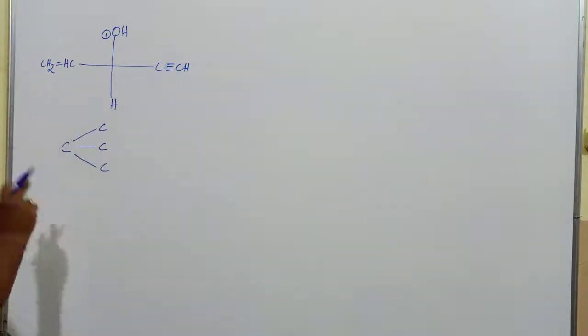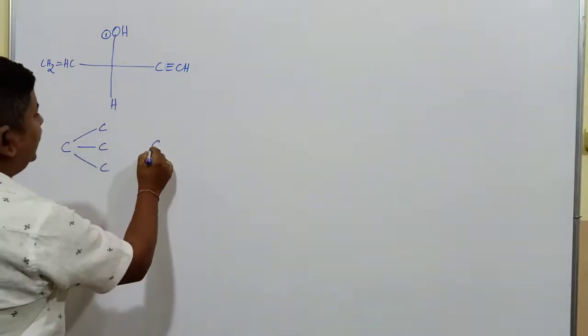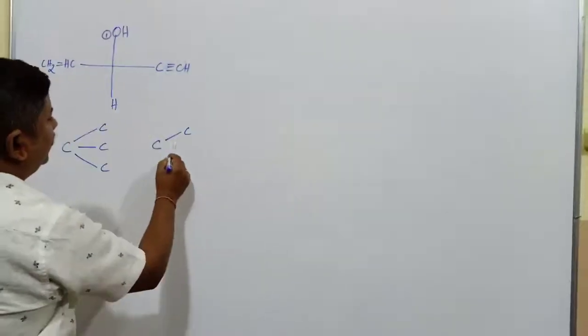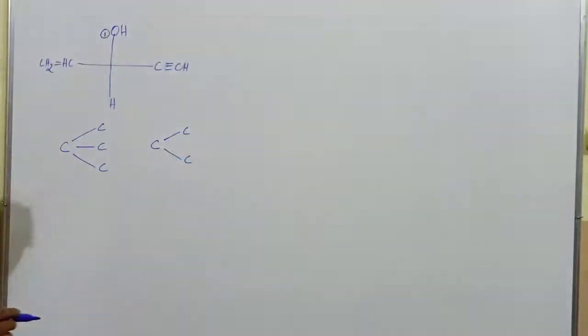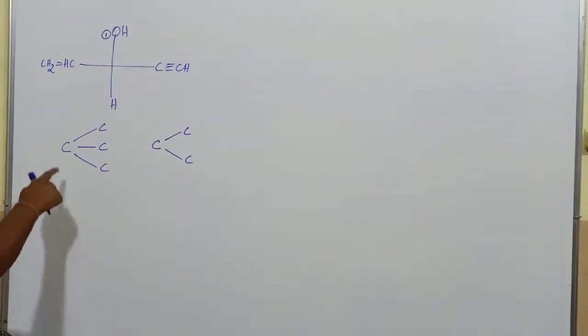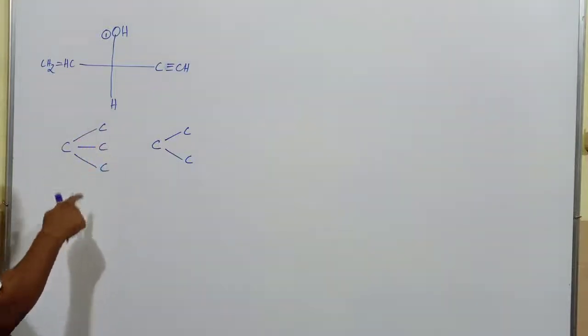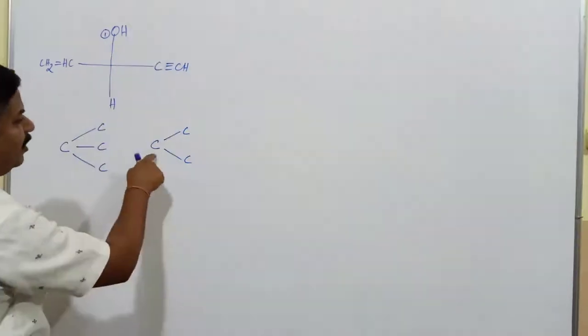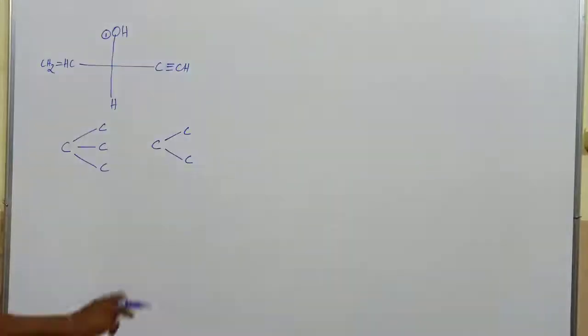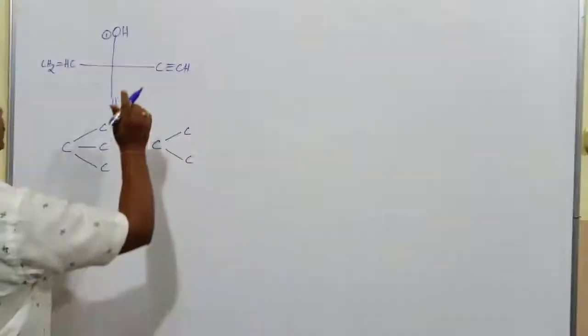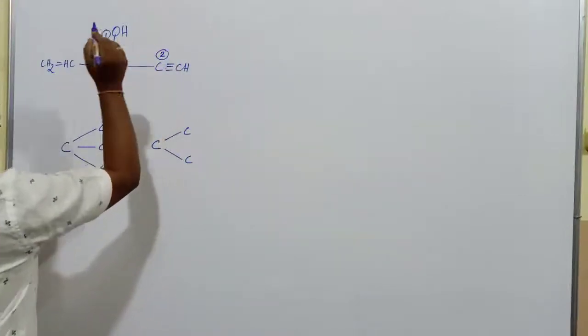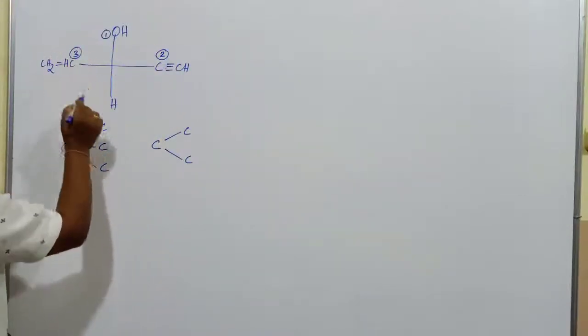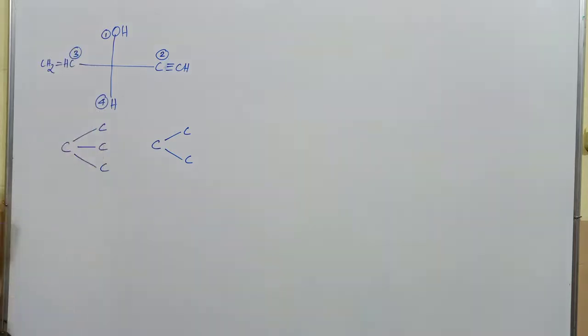In case of the double bonded one, it is carbon, this is going to be one carbon, this is going to be one carbon. So naturally when the carbon atom is connected to three more carbon atoms, this group gets maximum priority compared to a carbon atom having two other carbon atoms. So this is second priority, this is going to be third priority naturally, and this one will be fourth priority.